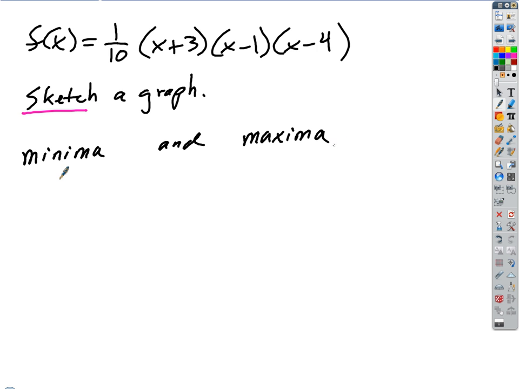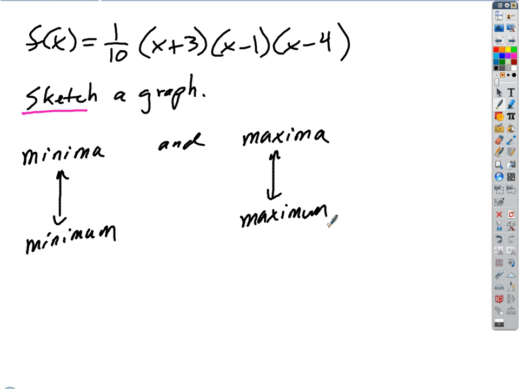So this is the plural of minimum. This is the plural, obviously, of maximum. So it's not maximums and minimums? No, it's not. Sometimes there are just some weird English words like that, and this is one of them. Minima and maxima means the set of more than one of those things.